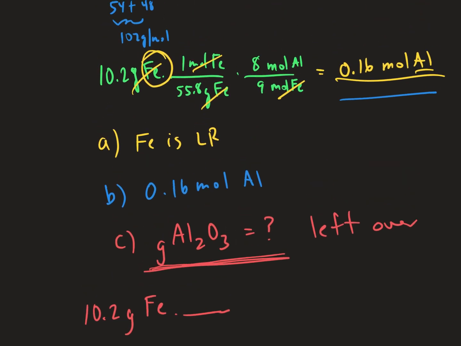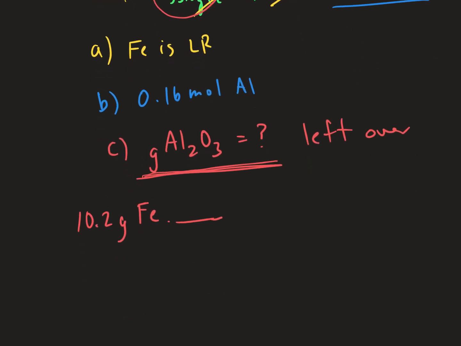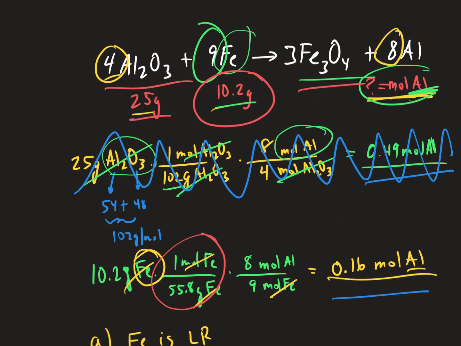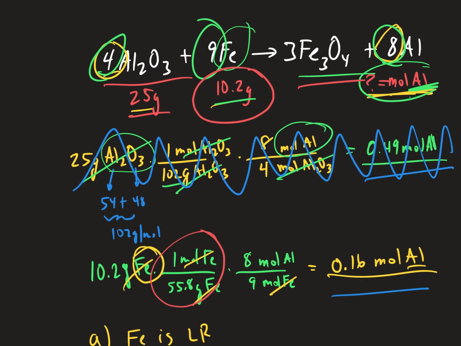So we're just going to copy and paste this guy right there, right? 1 mole of iron for every 55.8 grams of iron. That goes away. And then we use the equation. It's a 9-to-4 ratio.